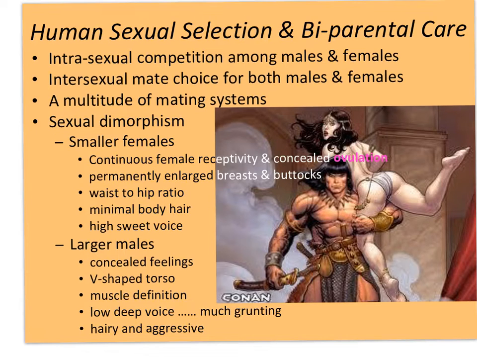There's also a mating system where there's one female and lots of males. And you might think, why would that happen? Well, a lot of females, not humans, but females can store sperm. And so they might mate with a whole bunch of males and then decide which males are going to actually fertilize the eggs. They don't have to think about it.